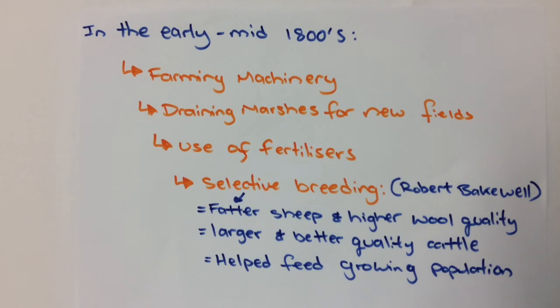There was also the use of fertilizers to improve the yields and the production of crops, and what we know as selective breeding, which was developed by Robert Bakewell, which meant that fatter sheep could be bred and a higher wool quality achieved. He also did a lot of work with cattle to breed them to become larger and of better quality, and this in turn helped feed the growing population during the Industrial Revolution.